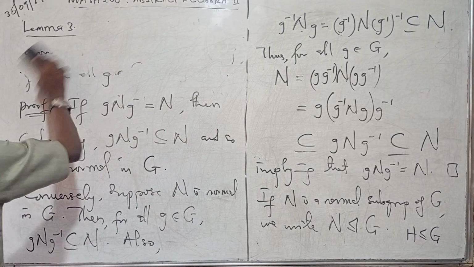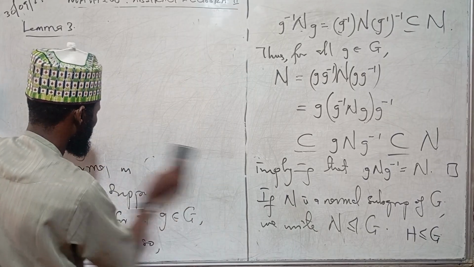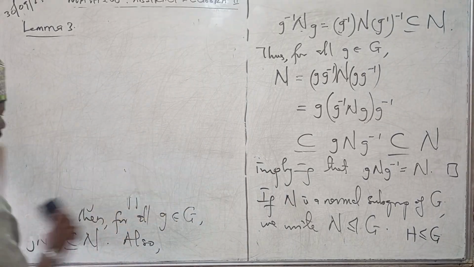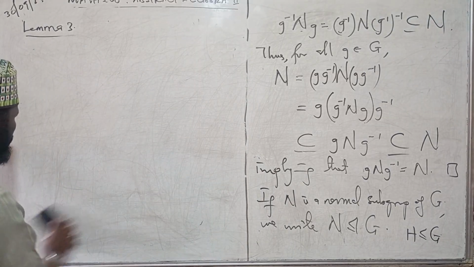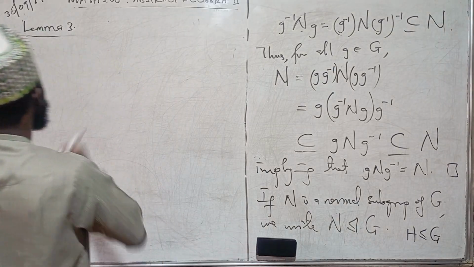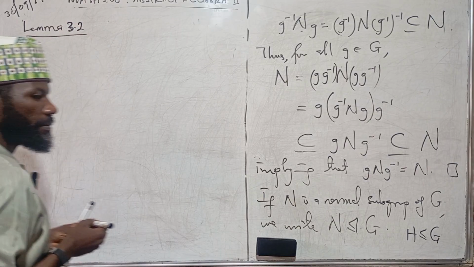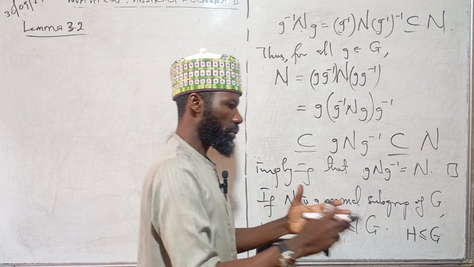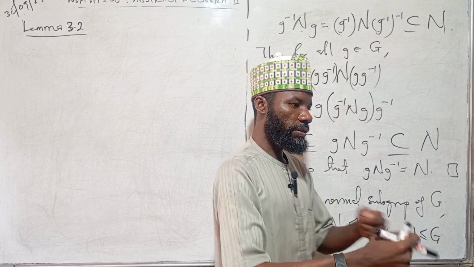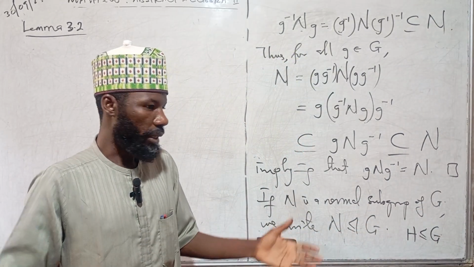Then we can have a second lemma, just to look at some more necessary and sufficient condition for a subgroup to be normal. So you remember what we said, that subgroups for which every left coset is also a right coset are normal.